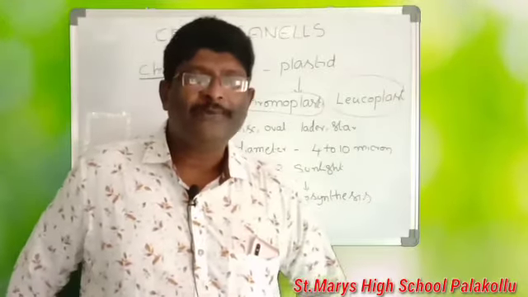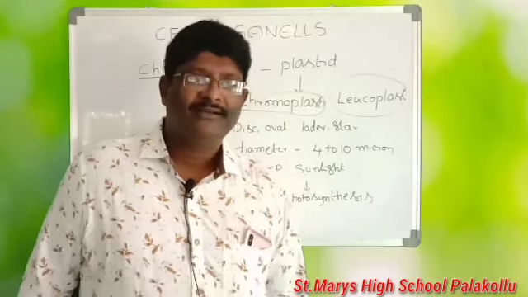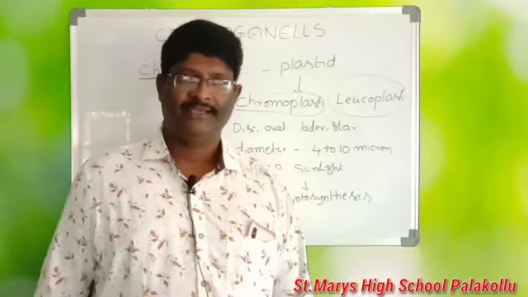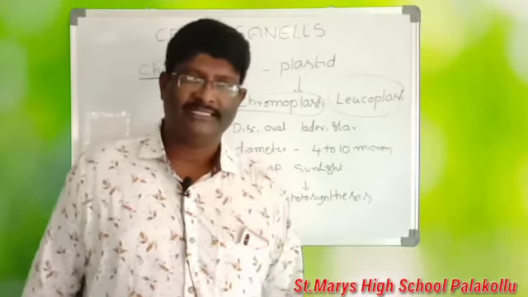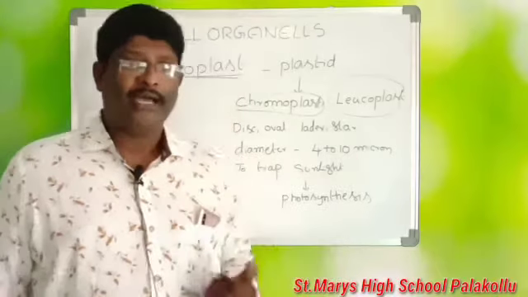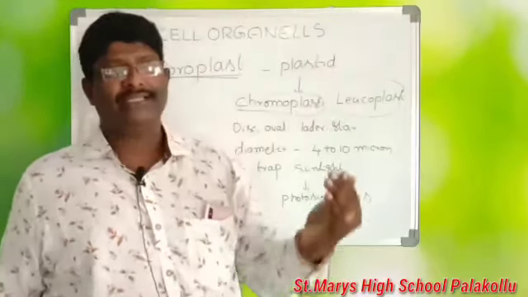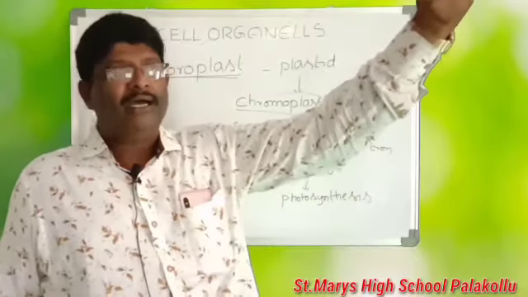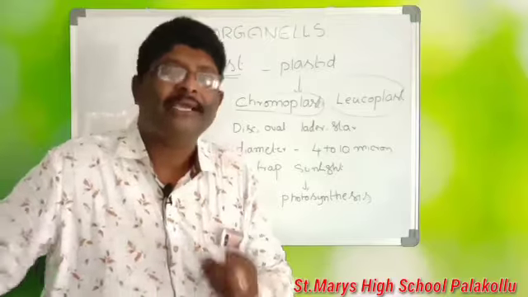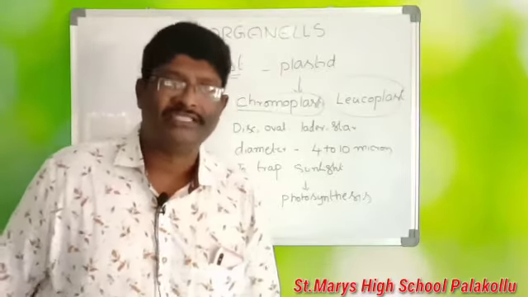Do you know this process is called? This process is known as photosynthesis. In the process of photosynthesis, this chloroplast traps the sunlight, the solar energy, to turn it into a chemical energy.